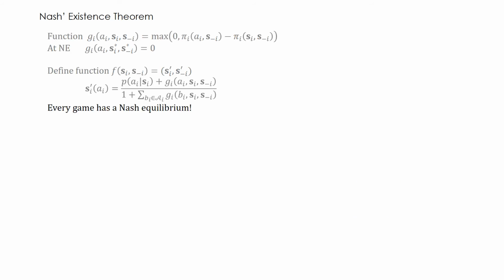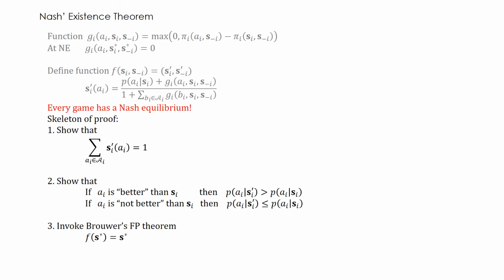So now let's go ahead and prove formally that every game has a Nash equilibrium. Our proof will be in 3 steps: 1, 2, and 3.